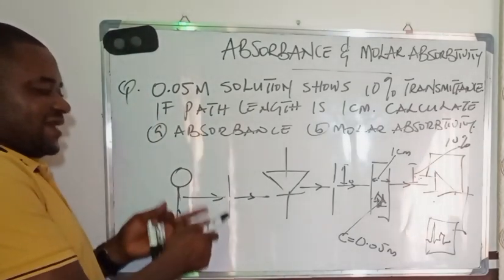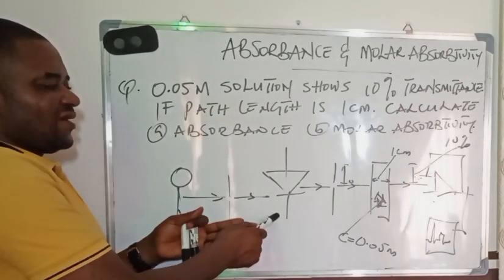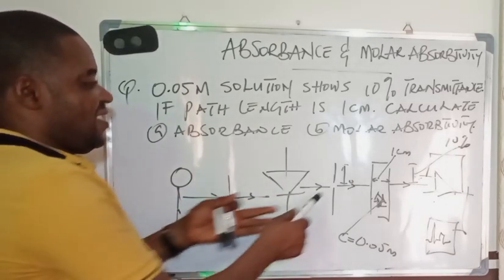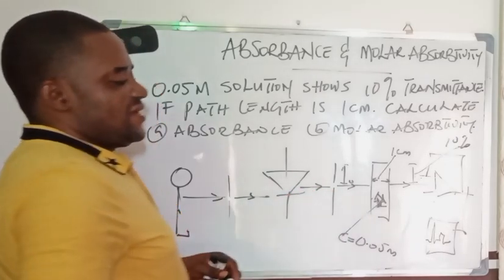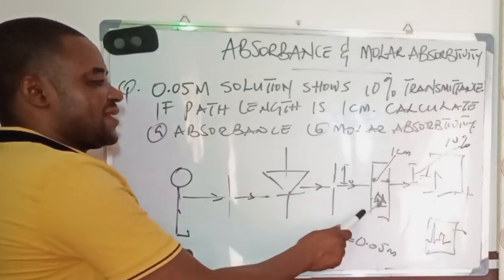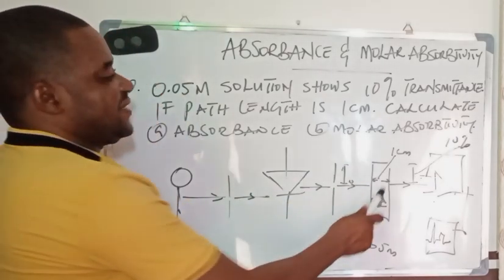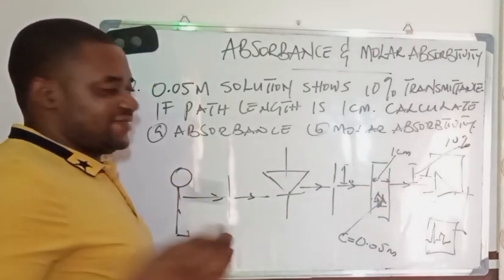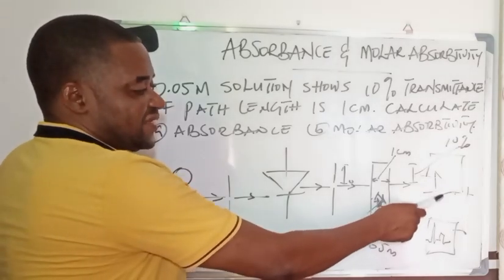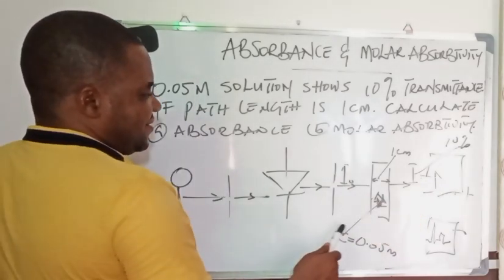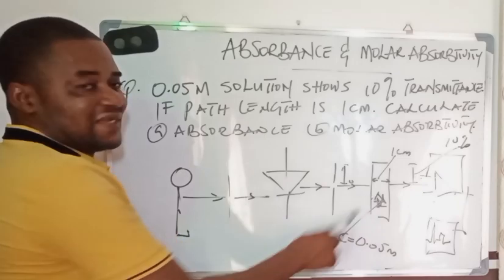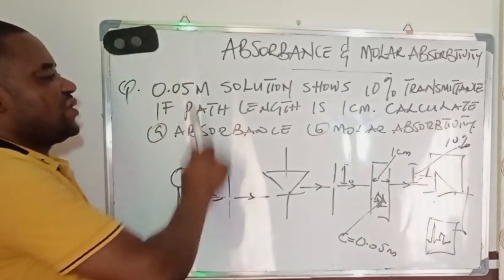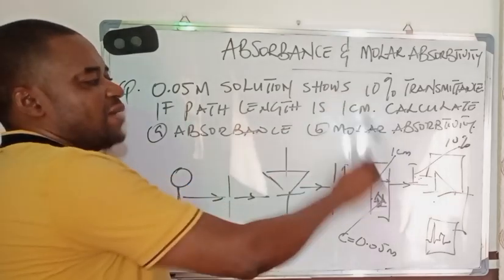So the source of light enters an entrance slit, goes to the transducer, and gets to an exit slit, and at this point we call it the monochromator. Then the incident light hits the sample container, absorption takes place, and 10% transmittance was what the detector detected, with the concentration of this sample being 0.05 and the path length 1 cm. Now the question is, what is the absorbance and what is the molar absorptivity?